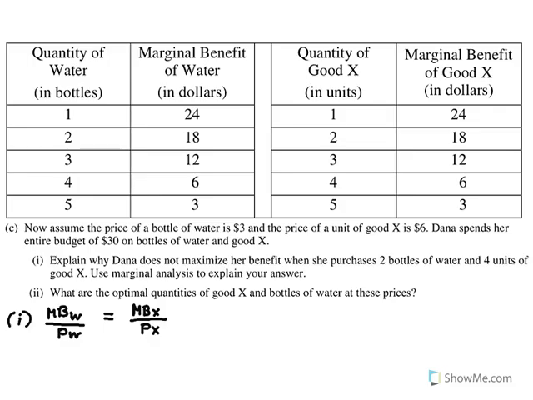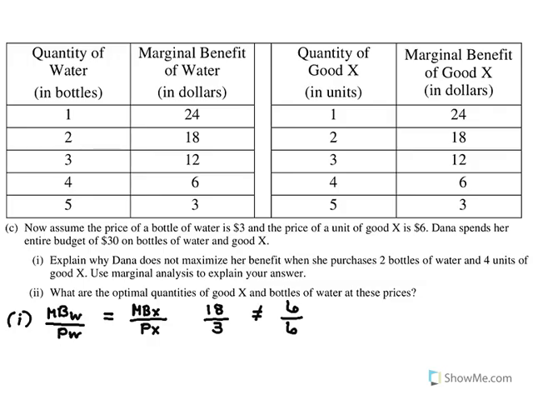We know that she's going to purchase 2 bottles of water, and so she's going to get 18 marginal benefit dollars from doing that. And we know the price of a bottle of water is $3. So does that equal the marginal benefit of X at 4 units, which is 6, divided by the price of 1 unit of good X, which is also 6? If you simplify that down, you're going to get 6 to 1.